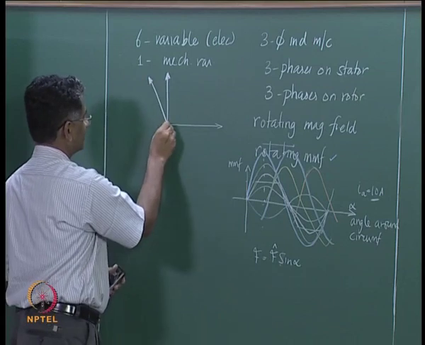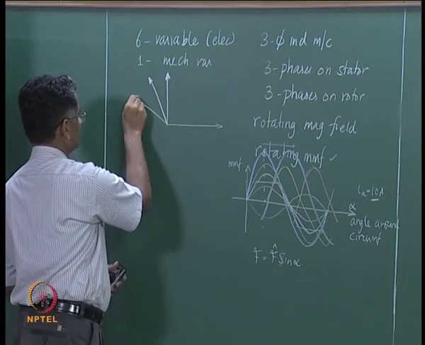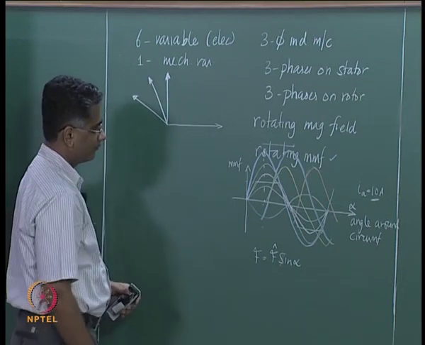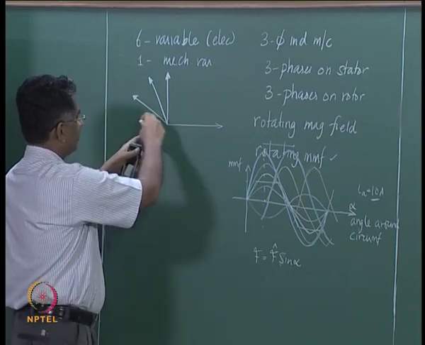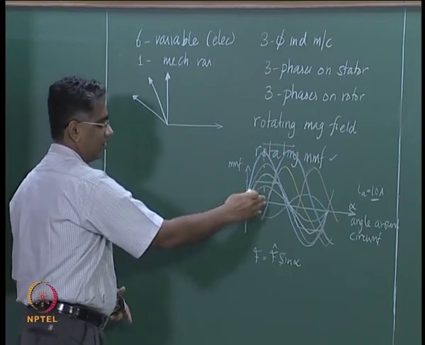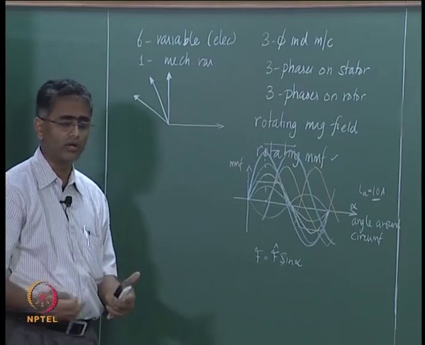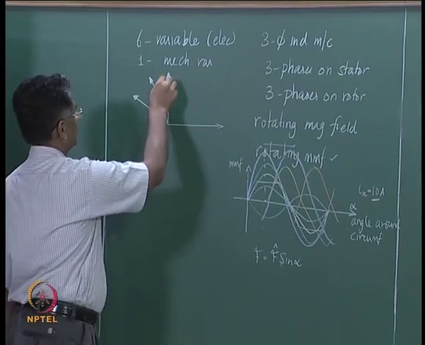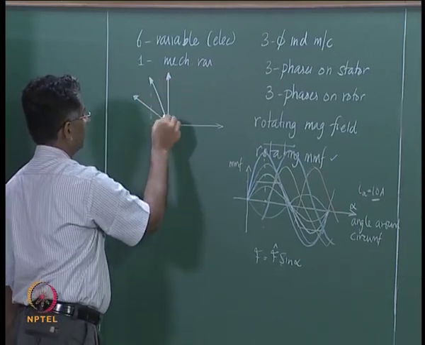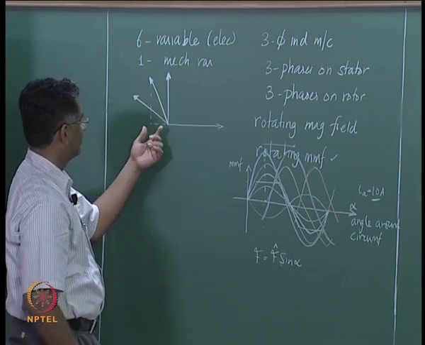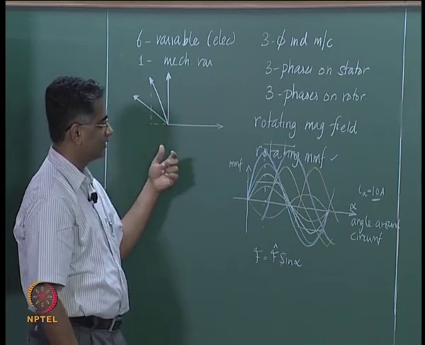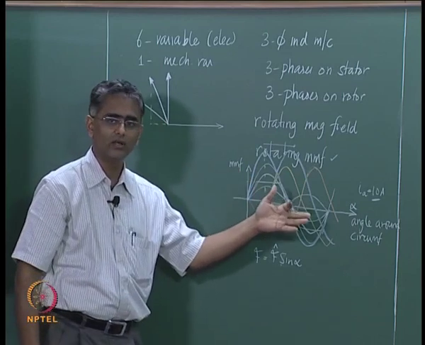At yet another instant it occurs at some other place, so this arrow has moved. And with respect to space, at any given angle, if you want to find out what the amplitude is, you can take the horizontal component of that, and that will then determine the instantaneous amplitude at any given angle.